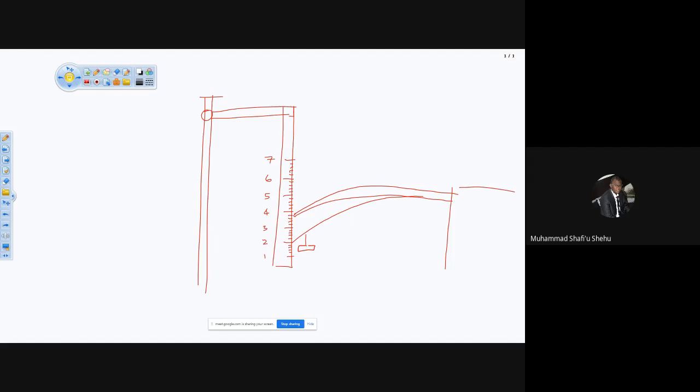So after removing the load, my question is, is it going backward? Yes, sir. It will go backward, but you are not very sure if it's going to go back to that 3.8. Maybe after removing the load, it will go back to this position.